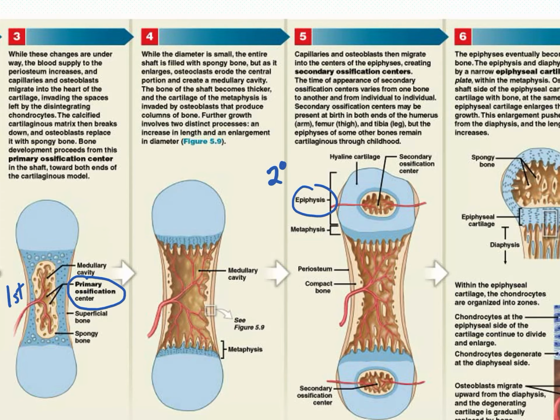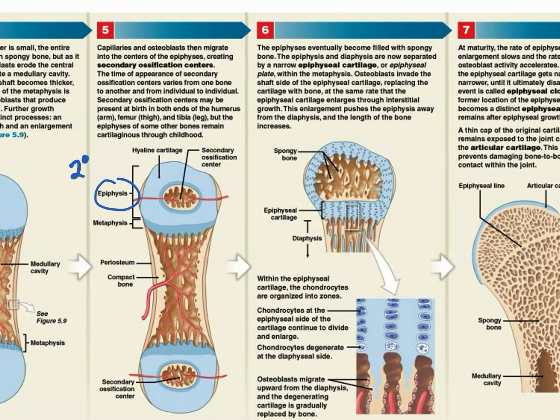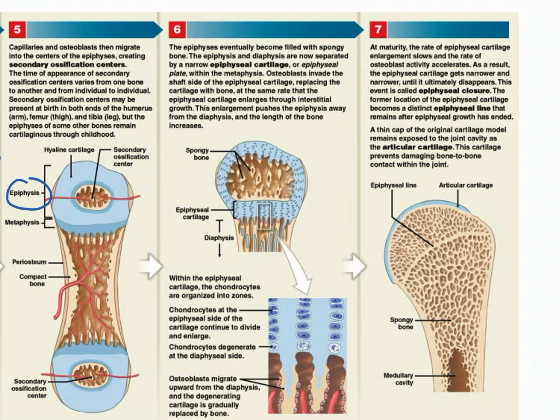Now, what's interesting is that when you were born, bone is forming in both directions from the diaphysis and in both directions from the epiphysis, but there's going to be a plate in the middle, where it's still cartilage when you're born. That is called your epiphyseal plate or your growth plate. I think people call it your growth plate, but in anatomy, I want you guys to use the term epiphyseal plate. This is a plate of cartilage.